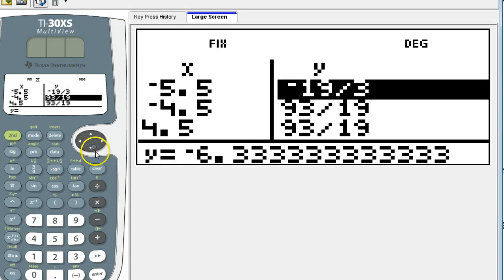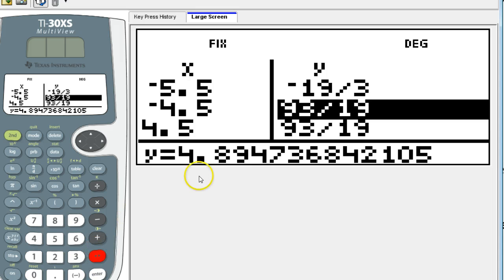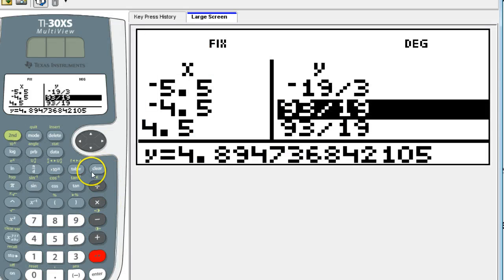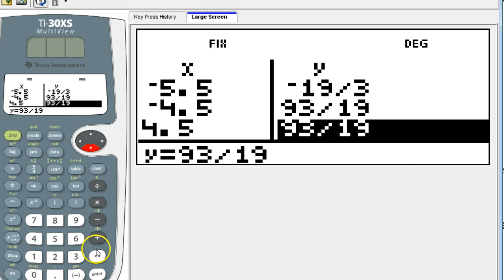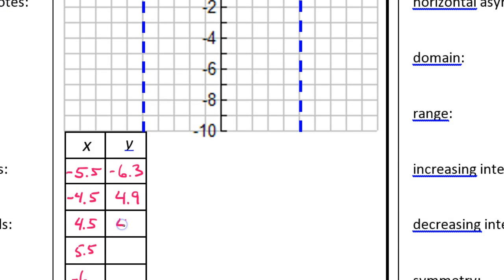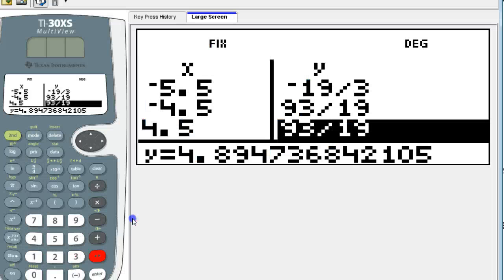Okay, and if I toggle this one, I've got 4.9. It's going to round up. And then if I toggle this one, I've got +4.9. Oh, well, okay, that was silly. Obviously, they're the same thing.